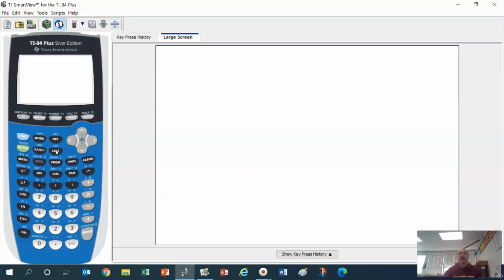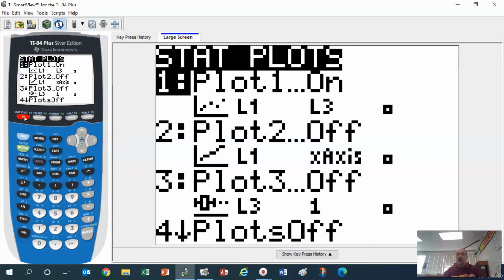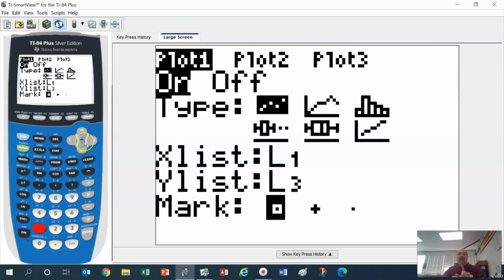So what I did was, again, I still have all my data in my calculator, okay? I still have my residuals in list number 3. It's important that you have those in list number 3. Then I went second y equals, I'm going to go to my scatter plot, keep the scatter plot on, go down to the y list, and change that to list number 3.